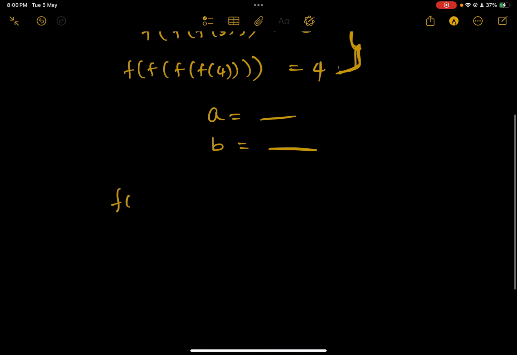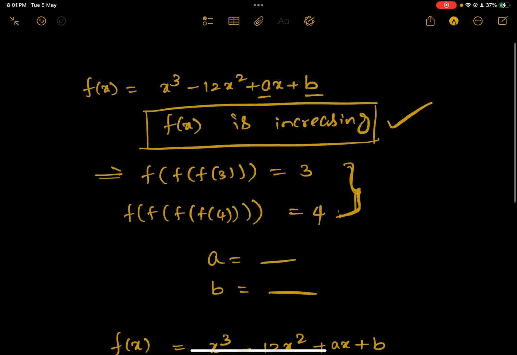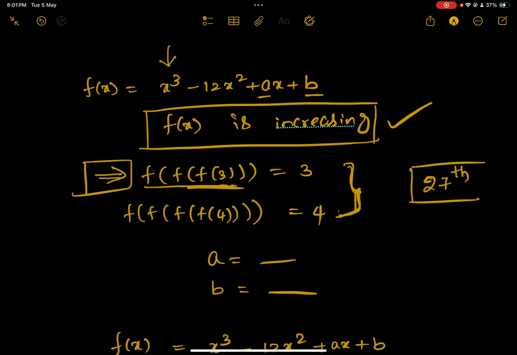So let us say f of x is x cube minus 12x square plus ax plus b. All right. Now if you use this particular condition, and if you put 3 here and find out f of 3, and then you find out f of 3 again, you will end up getting a 27th degree polynomial.